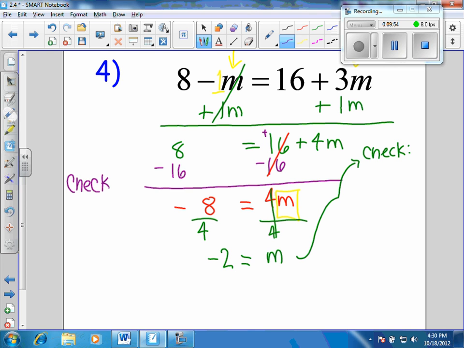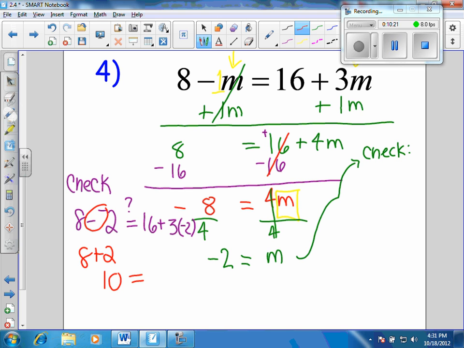So 8 take away -2, we're wondering if that is equal to 16 plus 3 times -2. So when you look at 8 take away -2, that's the same as 8 plus 2, which is 10. Let's see if it's equal to 16 plus a -6, which is also 10, so it checks.